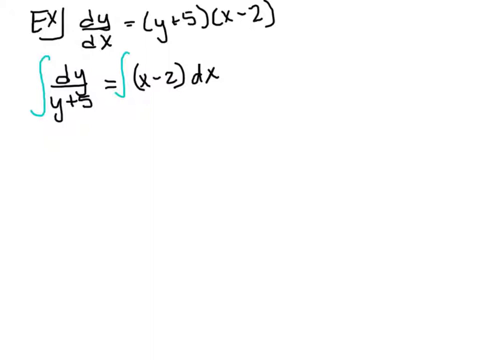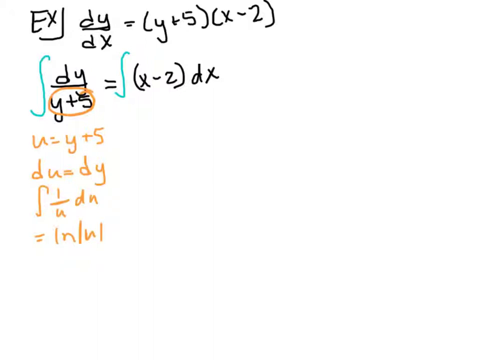We're going to choose u to equal y plus 5. Then du is equal to just 1 dy, because the derivative of y is just 1, since we're taking the derivative with respect to y. So then we really have the integral of 1 over u du, which we know is the natural log of u.